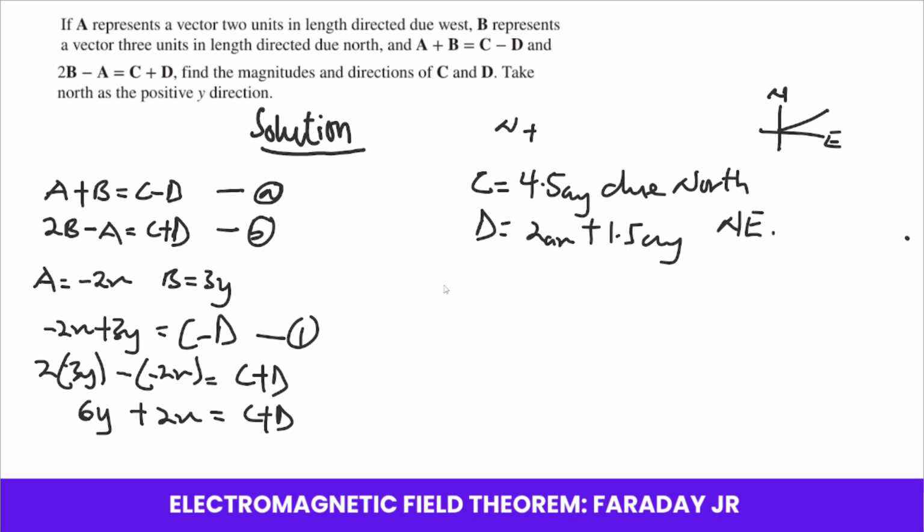But let's find the magnitude. So the magnitude of C is going to be equal to the square root of 4.5 all squared. That is going to give you 4.5, and it is due north.